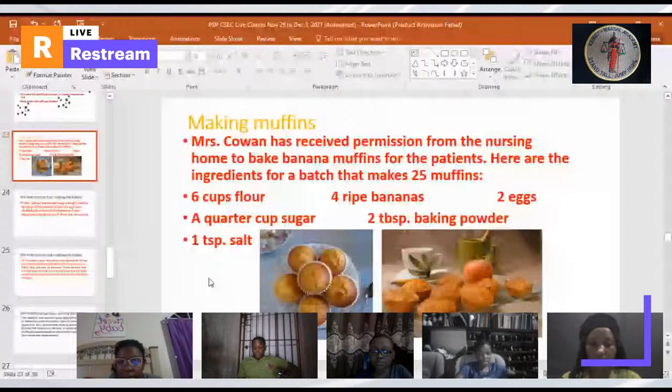Mrs. Cowan has received permission from the nursing home to bake banana muffins for the patients.